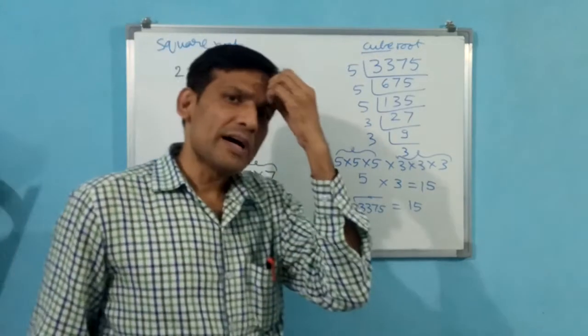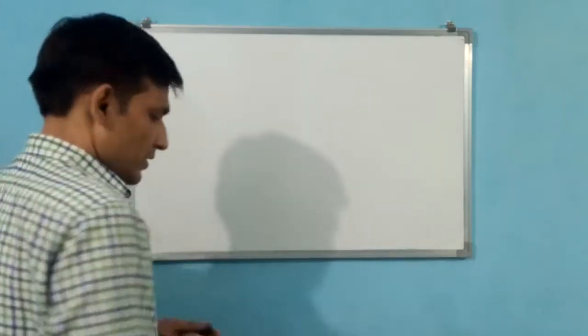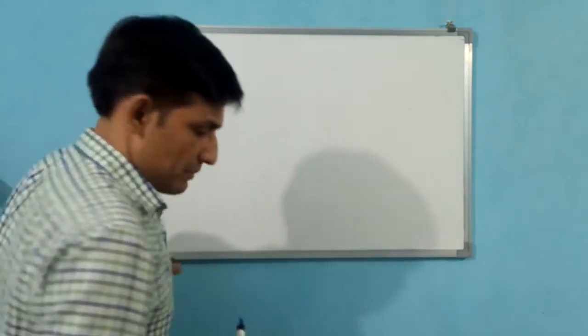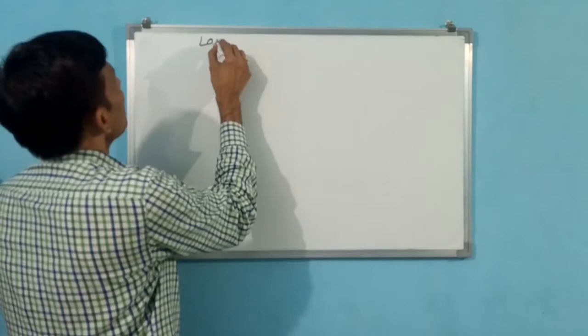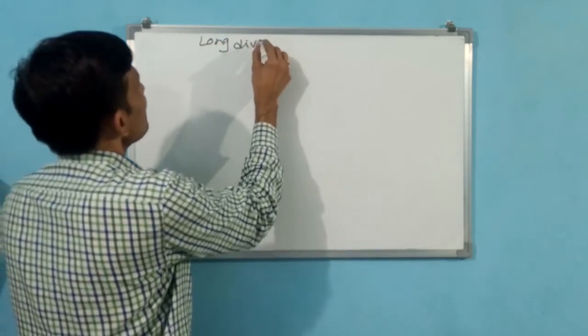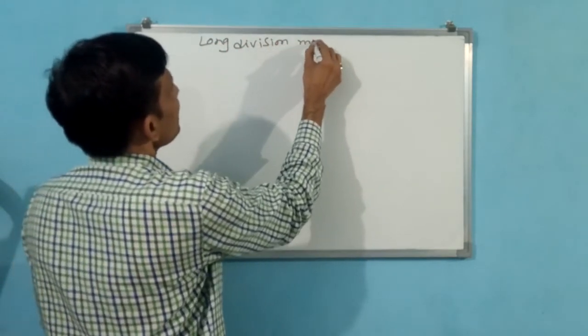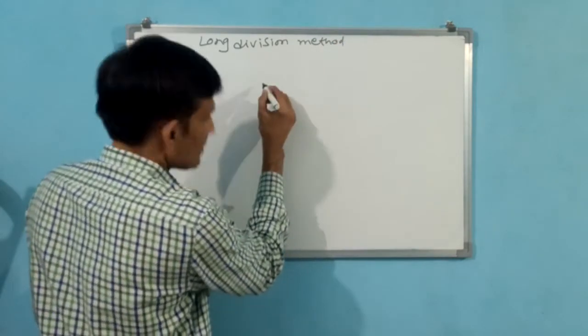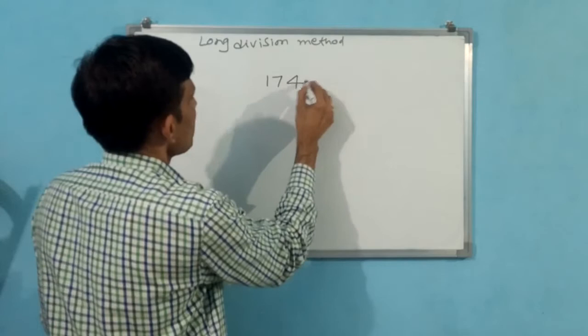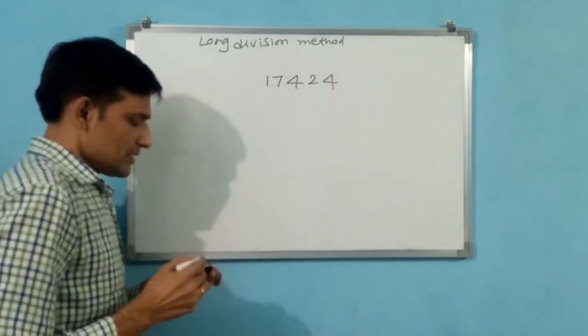Now we go for long division method. Square root by long division method. Say 17,424. This is the number.